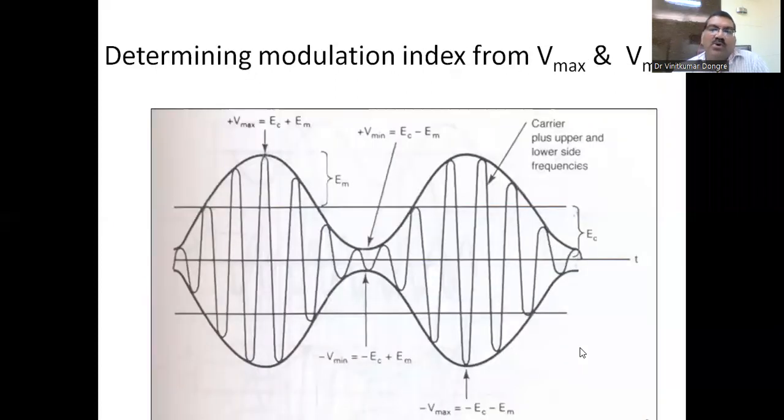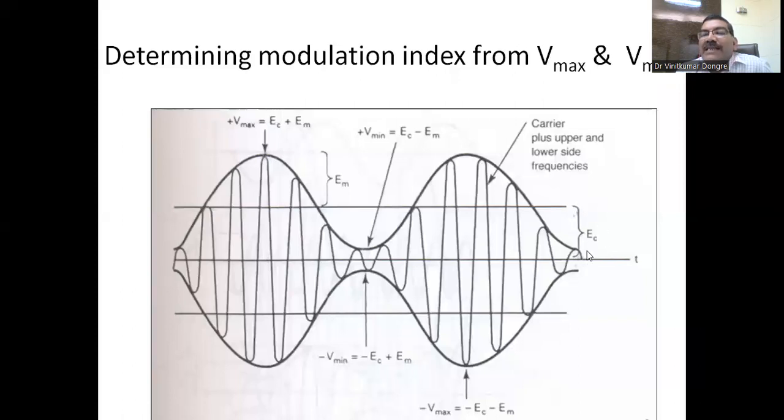Now we'll go for some graphical representation and how it is there. Here we can check that this is your envelope, the upper waveform, and this is the replica, the lower waveform. Now, this is one line drawn. This is EC.